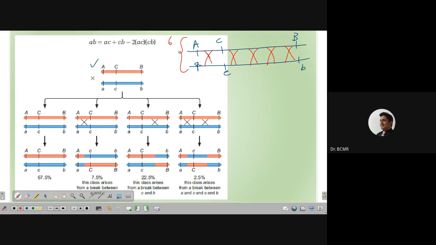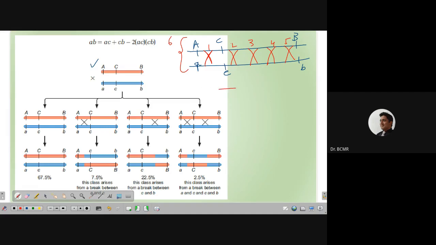So if a crossing over happened, I'll call this 1, 2, 3, 4, and 5. So there are 5 crossing overs on different chromosomes. For simplicity, I have drawn it here as if it happened in one chromosome. So I will draw one of the chromosomes.